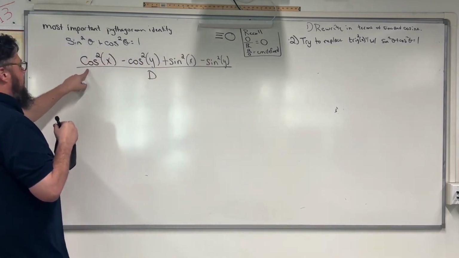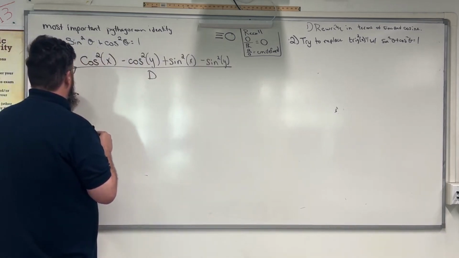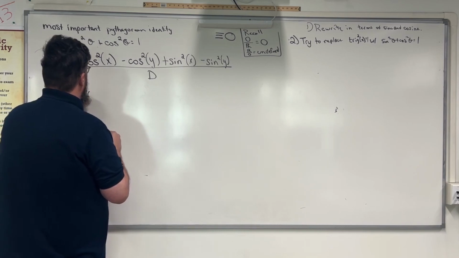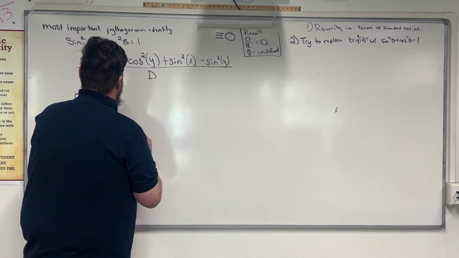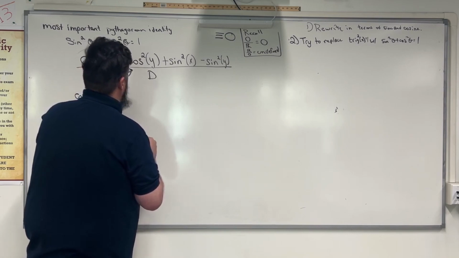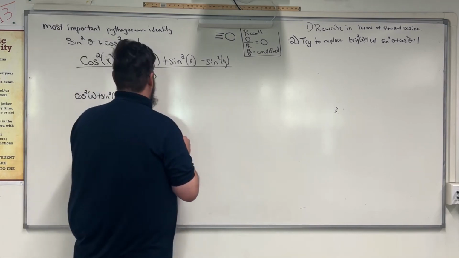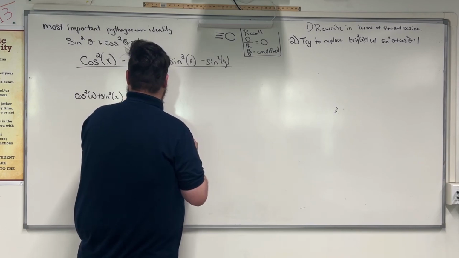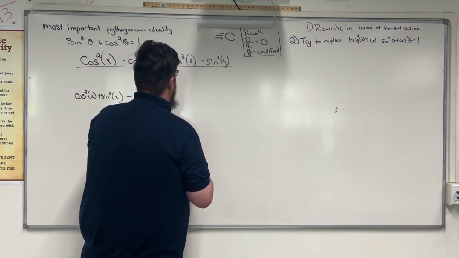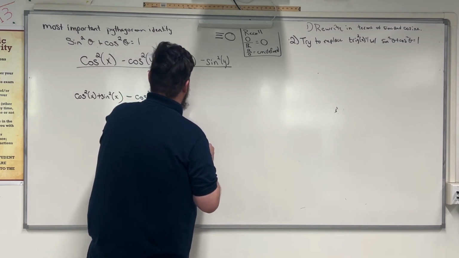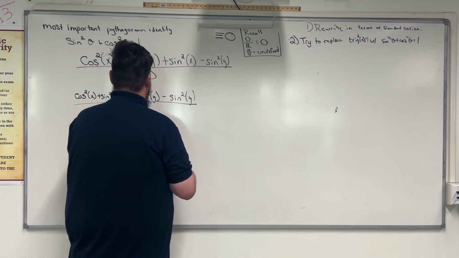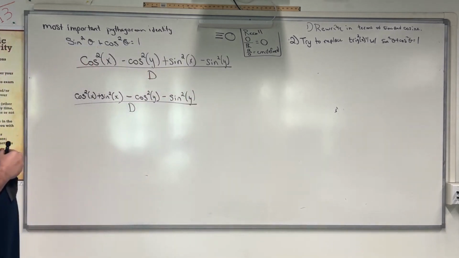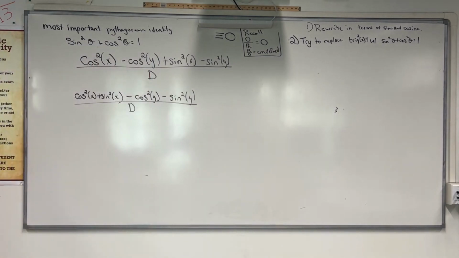So let's rewrite this as cosine squared x plus sine squared x minus cosine squared y minus sine squared y. And of course, that's all over that cumbersome denominator that we're trying our best to avoid.